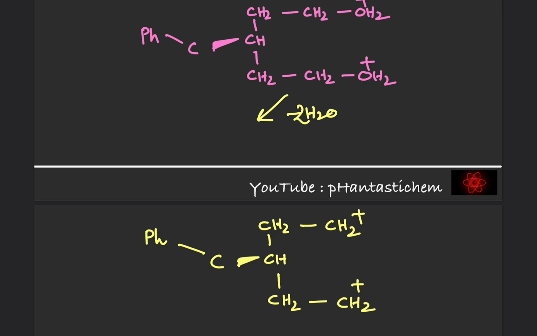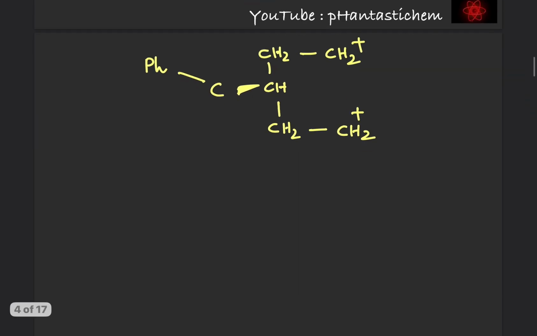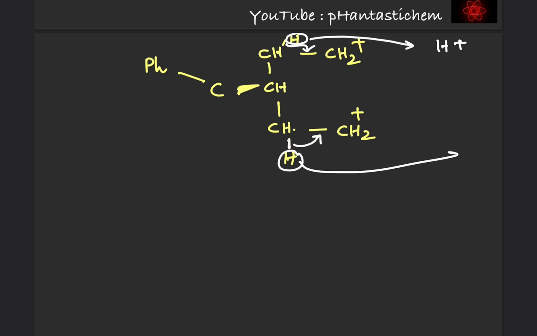Okay, and the next step will be, after the carbocation has formed, the elimination of a proton to form alkene. So what will happen, I can write this CH2 in this fashion, one H separate. I can write this CH2 in this fashion, one H separate. So these sigma bonds will become pi bonds, and H will go out in the form of H plus.